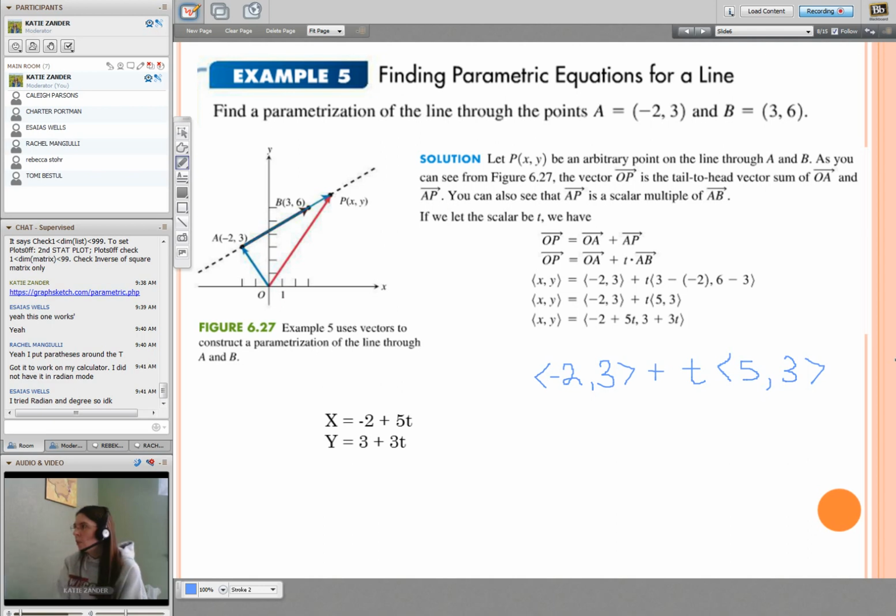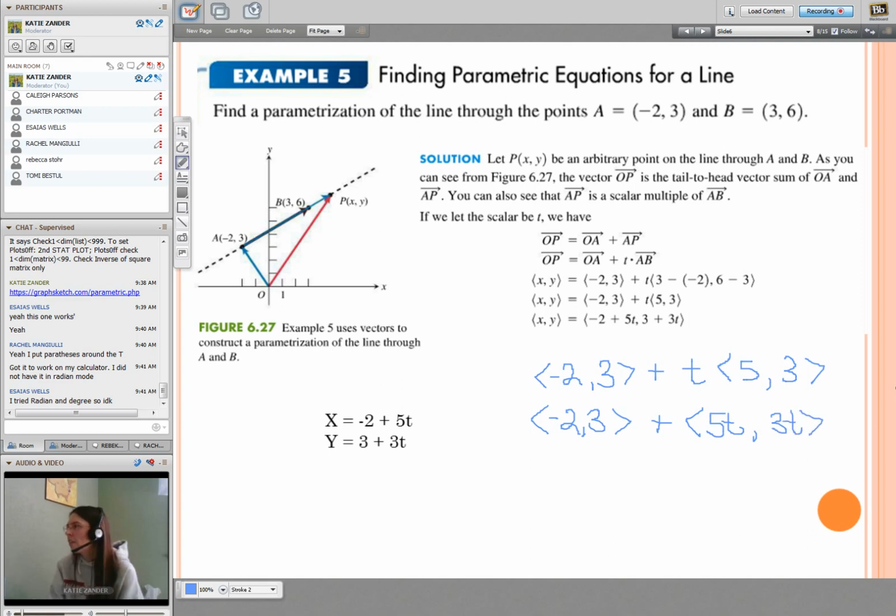Okay. Any questions up to this point, essentially, on what we did algebraically to get those two vector components? I'll go ahead and distribute that t through the second vector. So doing that, essentially you're just putting a t behind the 5 and the 3.